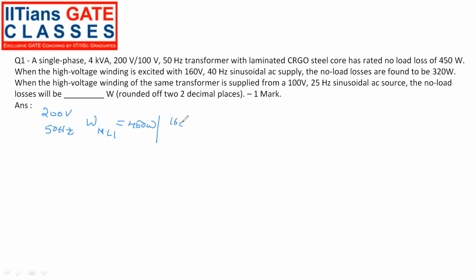We have 160 volts, 40 Hz, where the no load loss NL2 equal to 320 watts. Now they're asking us to find out the same no load loss at 100 volts, 25 Hz, let's say it is NL3.